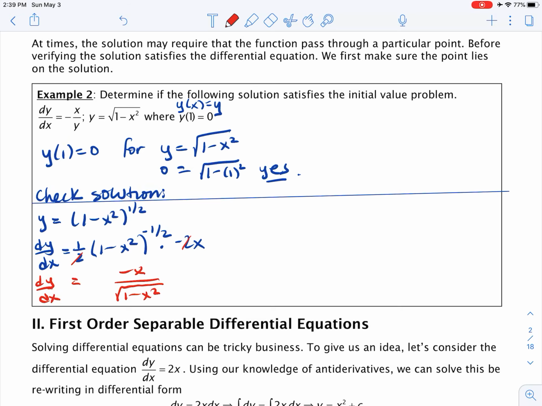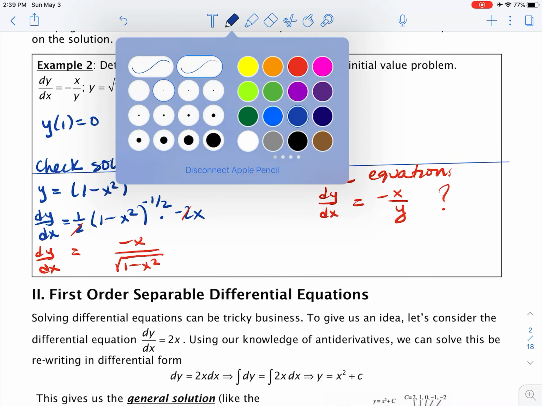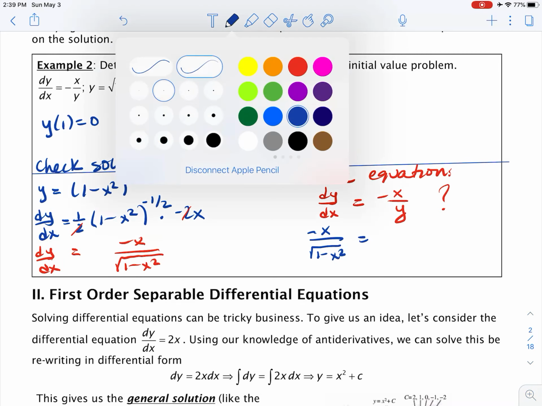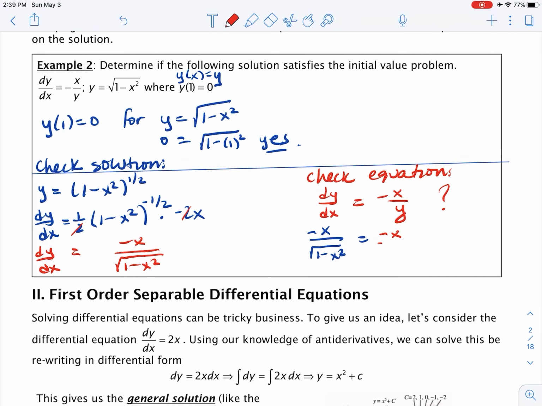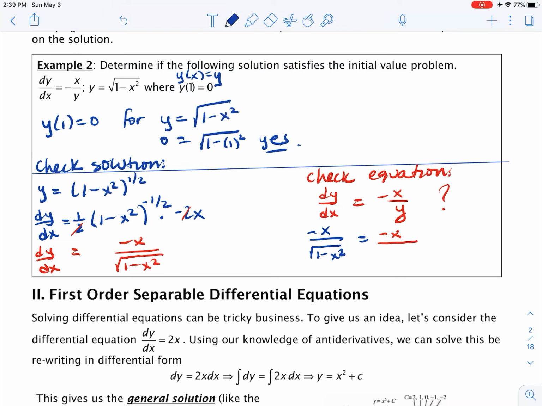So now I'm going to check the equation. Is dy dx equal to minus x over y? I'm going to substitute my value of dy dx: does minus x over the square root of 1 minus x squared equal, and I'm not doing anything with the minus x, but I am going to substitute the value of y, which is the square root of 1 minus x squared, and I can say yes.